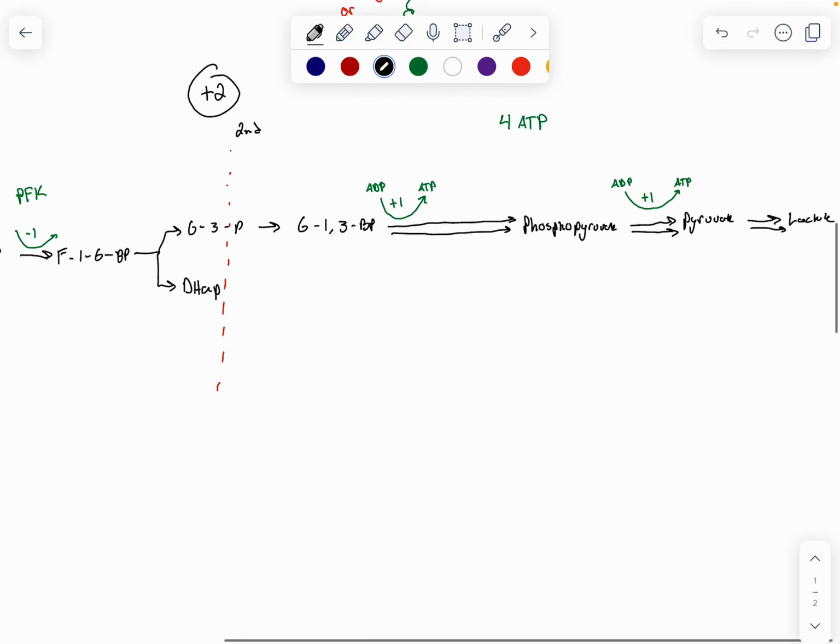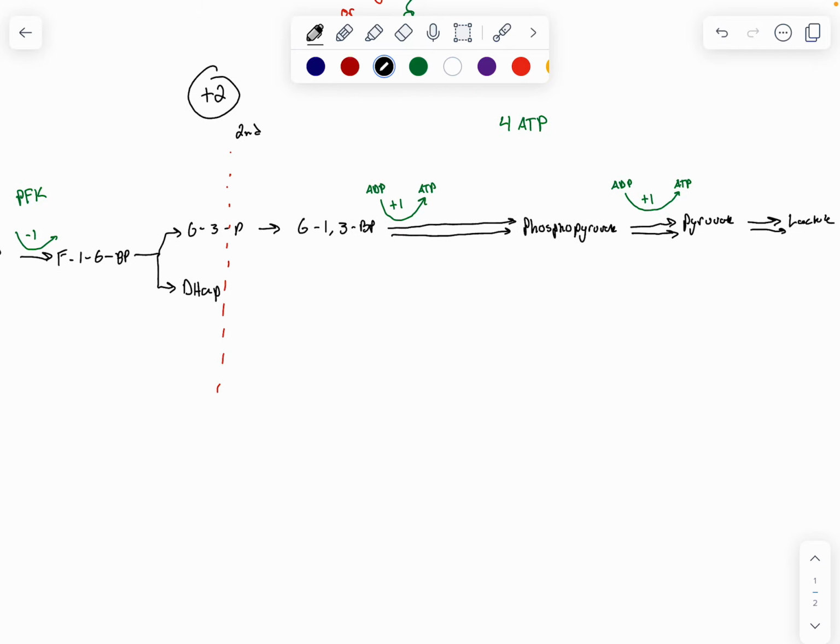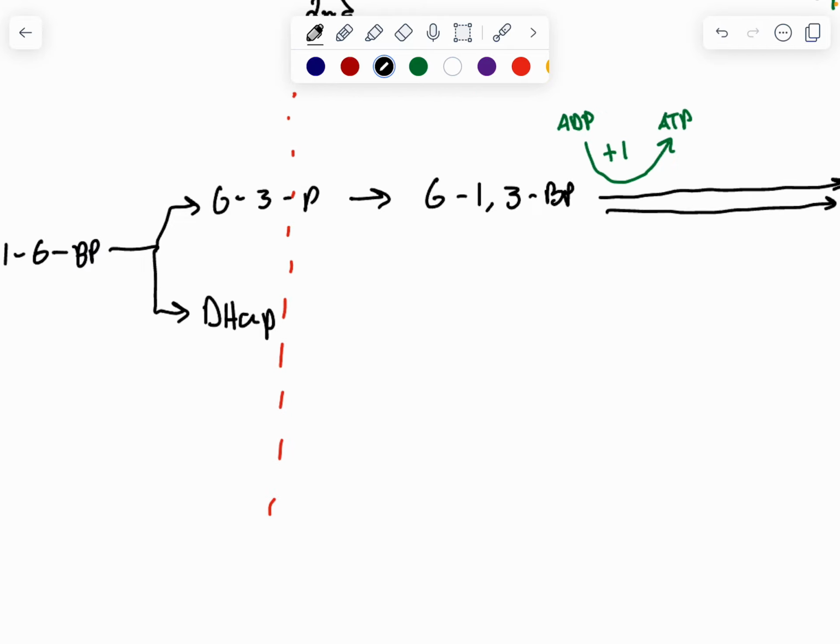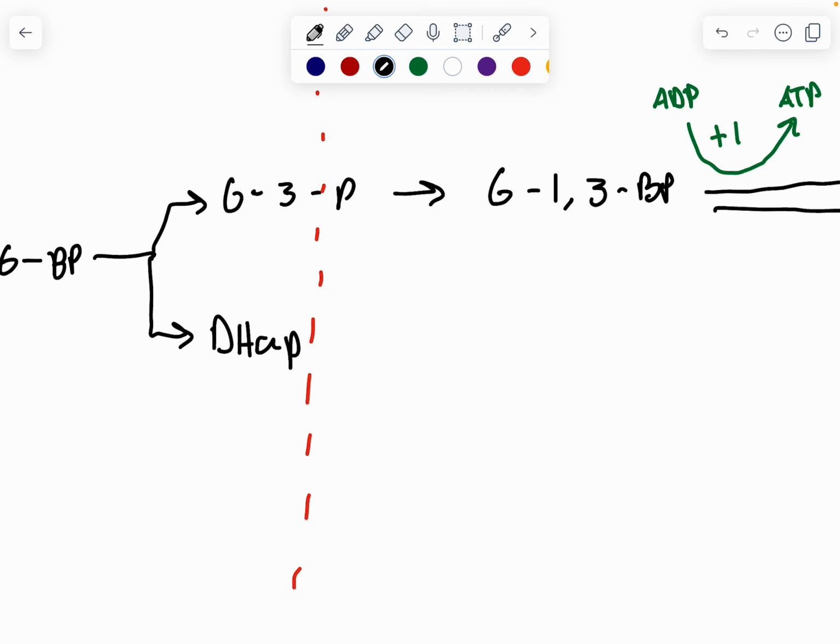And now we have some smaller steps that we need to talk about, specifically for anaerobic glycolysis. When we go from G3P to G13 biphosphate, we're under the action of a dehydrogenase enzyme, specifically glyceraldehyde 3P dehydrogenase. Anytime you see dehydrogenase, you want to assume an NAD or NADH is present because we are dropping off a hydrogen, either taking or giving one, and that's where the term dehydrogenase comes from.